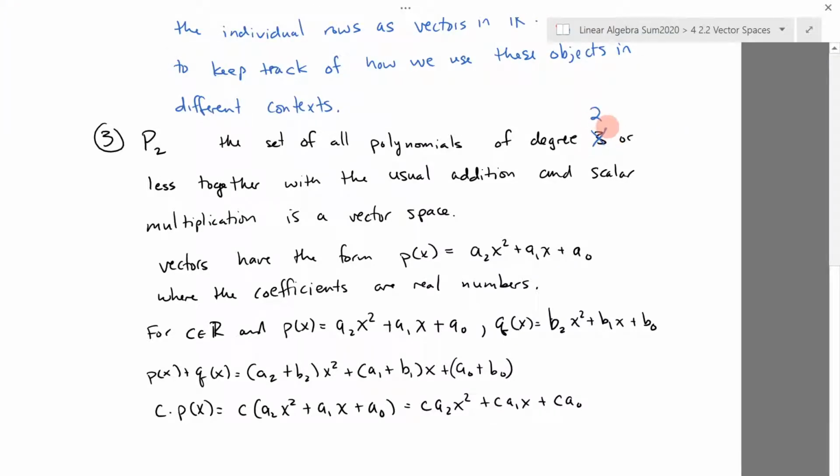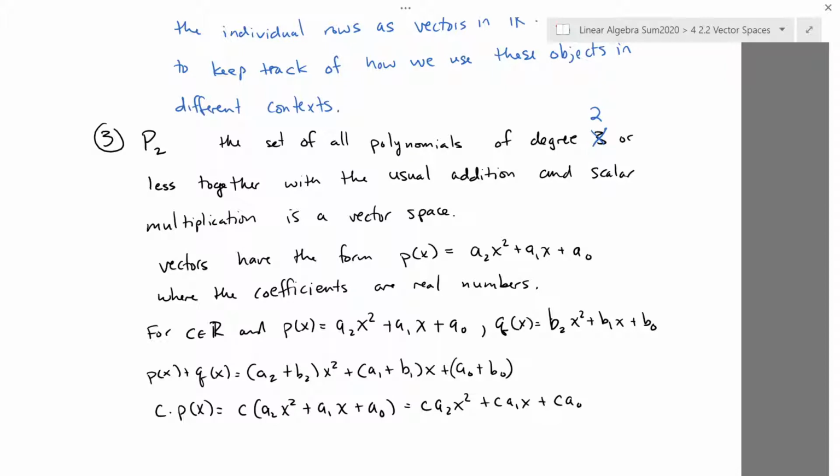So P sub 2 is the set of all polynomials of degree 2 or less, where the vector addition is just the standard polynomial addition, where you add polynomials together and collect like terms, and scalar multiplication is just multiplying the entire polynomial by the scalar.